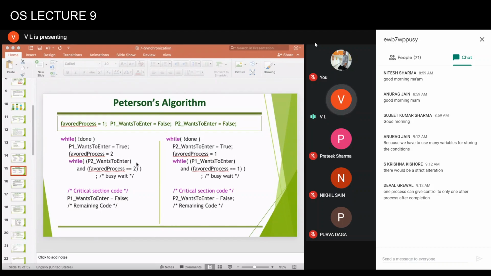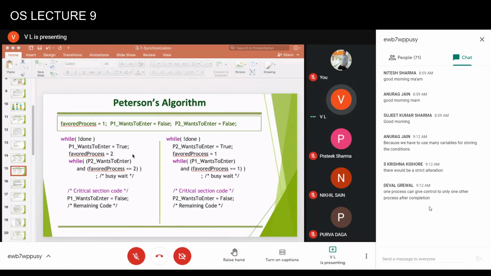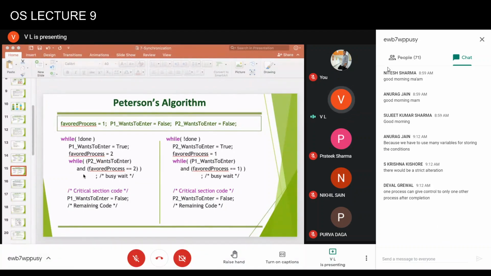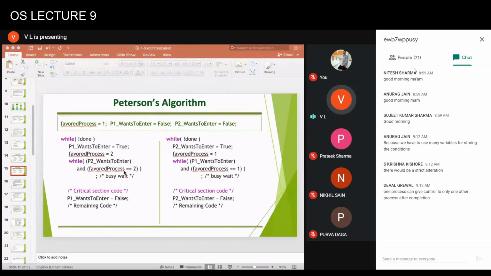So now this while loop will become slightly more complex: P1 wants to enter and favored process is not equal to 1 itself, P2 wants to enter and favored process is not equal to 2, P3 wants to enter and favored process is not equal to 3, and so forth.